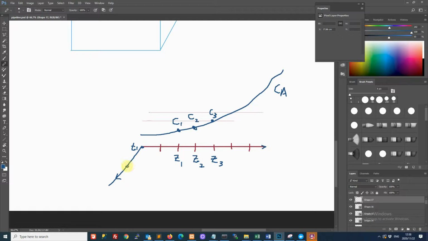Then let's say there's another time here, t2. So we can imagine that if we look down here at z2, there's the point that corresponds to t2. Then we can imagine if we look up here, our C2 may have changed. So maybe C2 becomes this value next, right? So at t2, C2 might become this value. So this is C2 at t1.